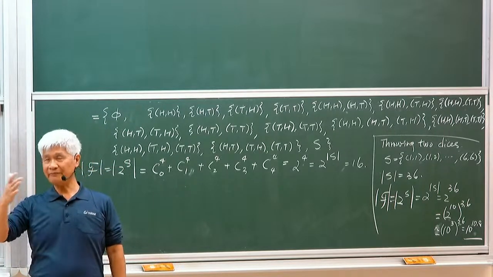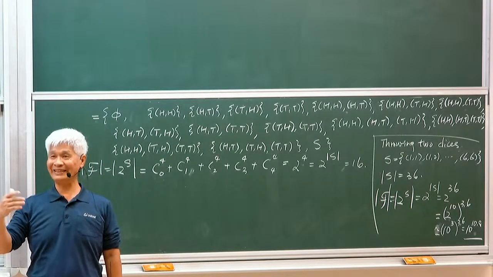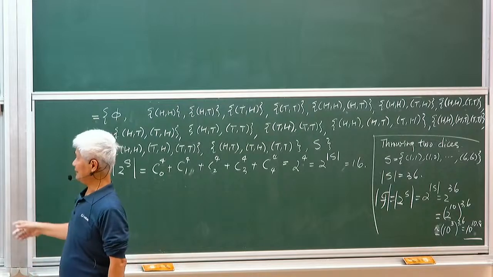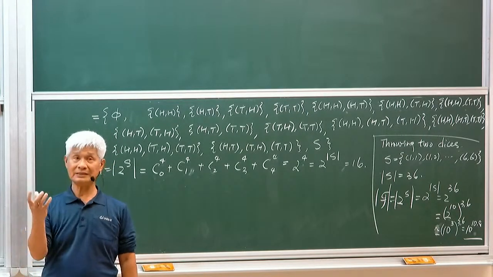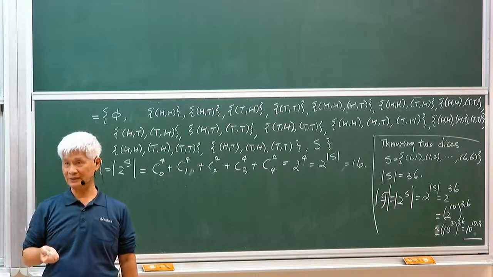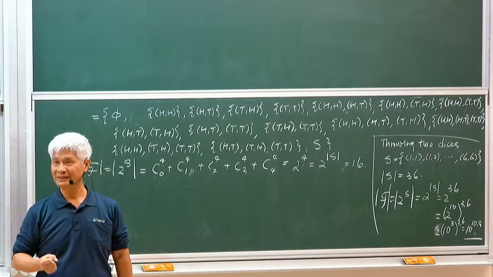And if you consider everyday life, even though the sample space is still finite, if the size of the sample space is 100, what happens? 2 to the 100. So what's that?